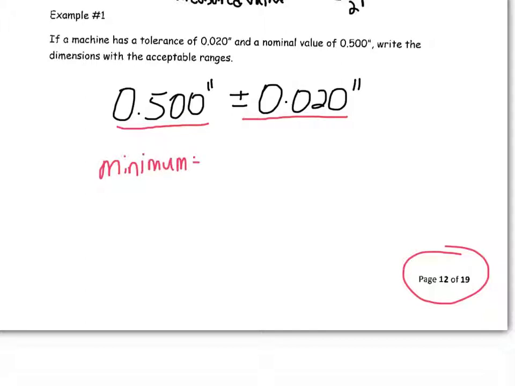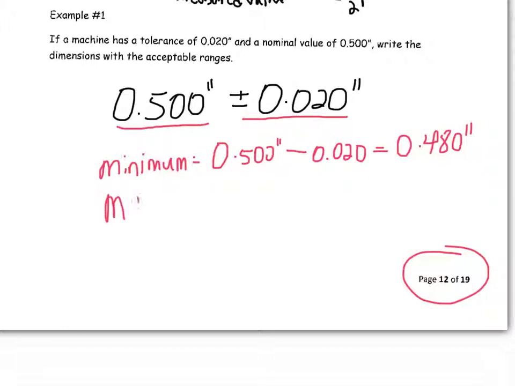Well, the minimum size we'll accept is 0.500 minus 0.020. So we will accept a part or an object that is 0.480 inches. That's the minimum that's acceptable. What's the max?